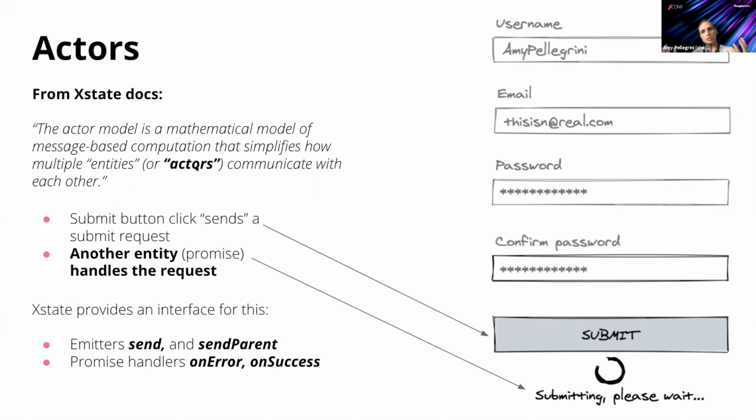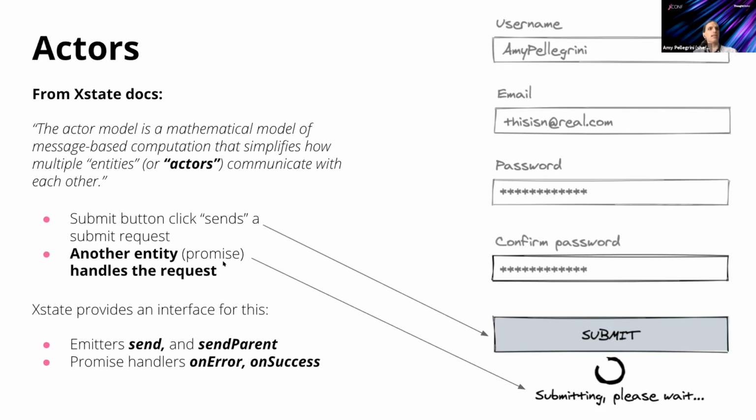So basically what they're saying is you can have different state machines that can send events to each other, or different entities that you can consider as actors that send events to each other. In the case of the form, you have a submit button that sends a submit request, and then you have a different entity, in this case a promise, that will handle that request.